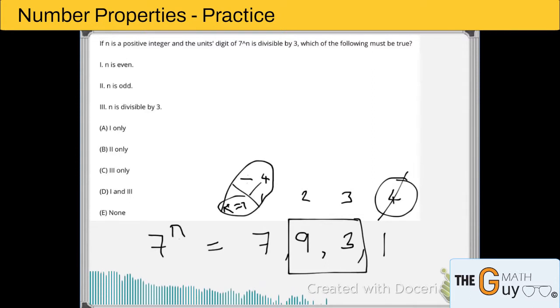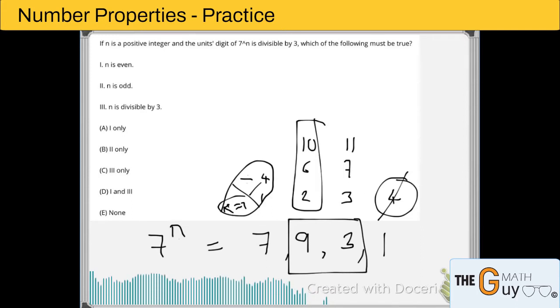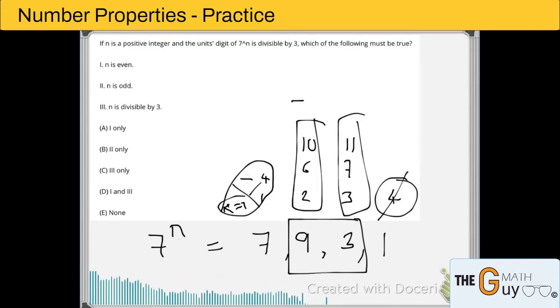But n can be 2 or 3, so it could be 6, it could be 10, it could be 7, it could be 11, right? So when you divide by 4 for these two sets, you get a remainder of 2 here, and a remainder of 3 for these numbers.